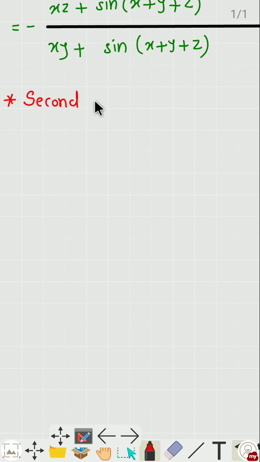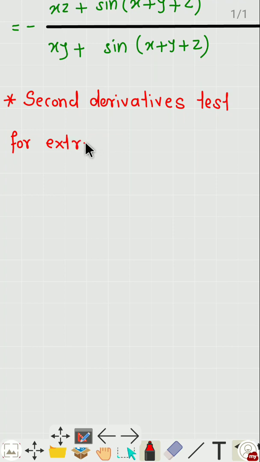Second derivative test for extrema of functions of two variables.